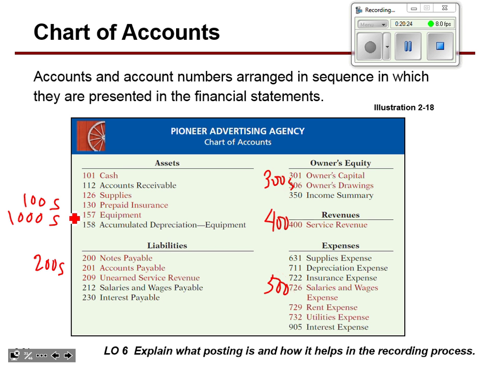Typically, they're separated by 10 numbers. So you'll see cash. Here's how I would have done this. I would have had cash be 100, AR be 110, supplies be 120, prepaid insurance 130, equipment 140, and then accumulated depreciation, which we'll learn about at another time. So separated by 10s.